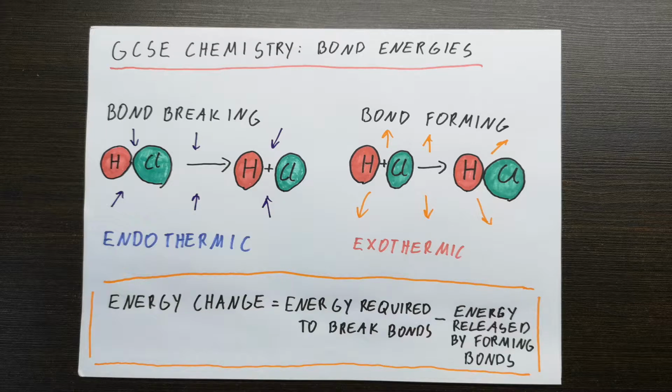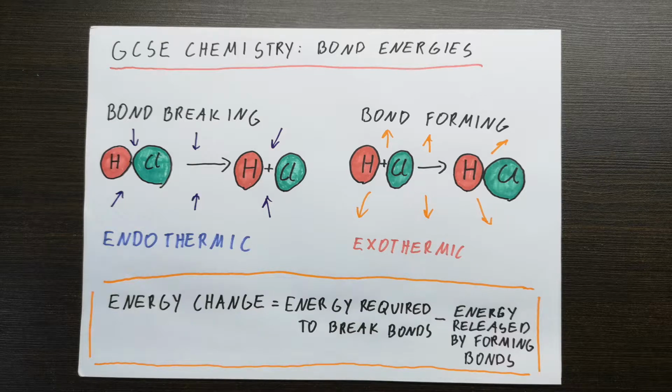This is the main theory about bond energies, but today the bulk of the lesson will be how to calculate those changes in energy. Knowing how individual bonds behave in a reaction can give us a way to calculate the net energy change, and therefore we can determine whether a given reaction is exothermic or endothermic.